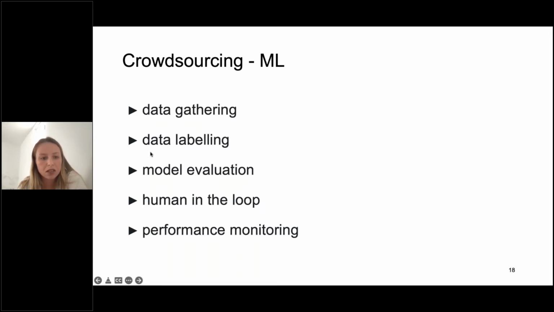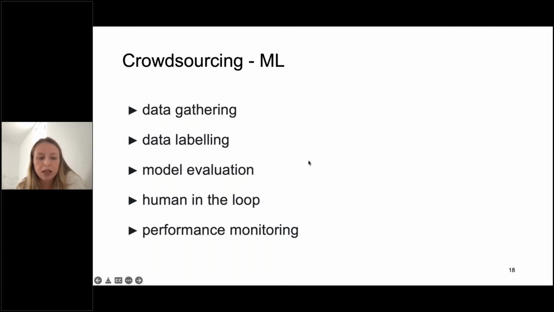The traditional thing, and this is the point we will be talking about, is data labeling. But crowdsourcing could be used also for model evaluation. Imagine that you already have some model, it's working, and you have created a new one. You could actually ask the crowd which version of the model is better. So it could be used for some A/B testing as well.